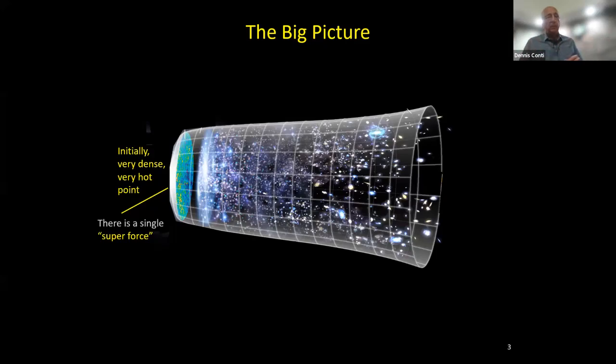I'll go into this in more detail later. So this is at the very initial stage when the universe began, at least as far as we know. These forces I'll be talking about then separated. One of the forces, for example, is gravity, that we all know and experience.